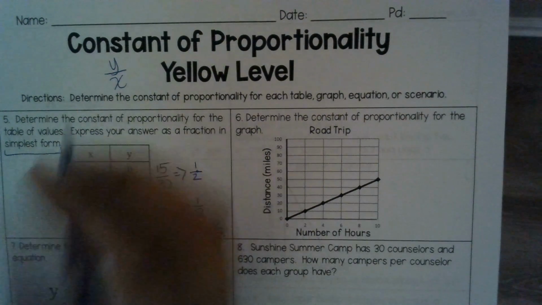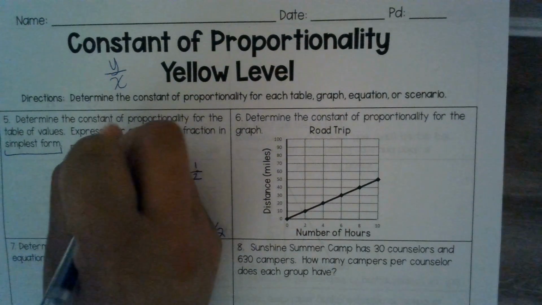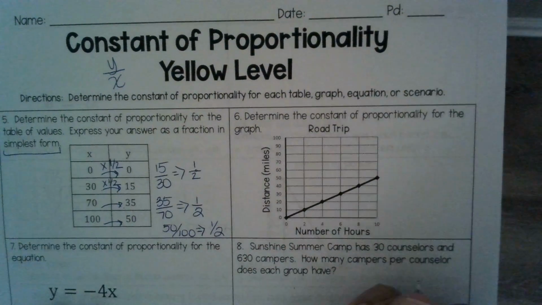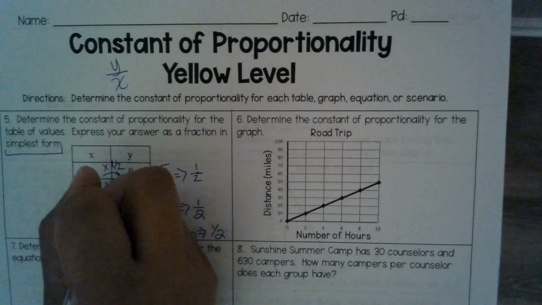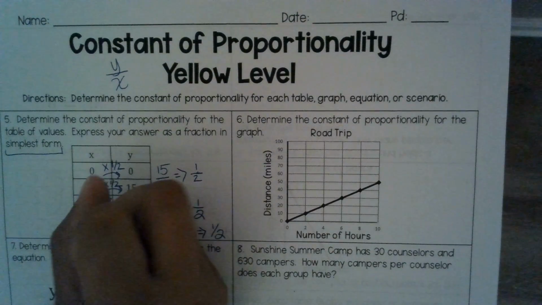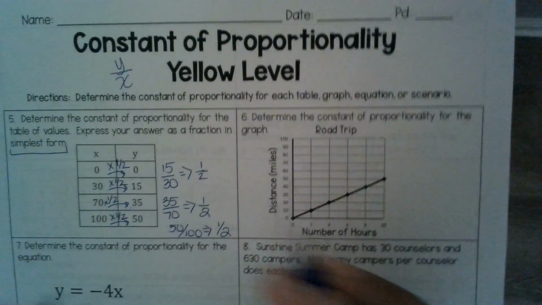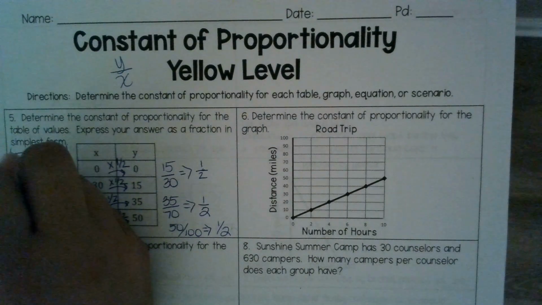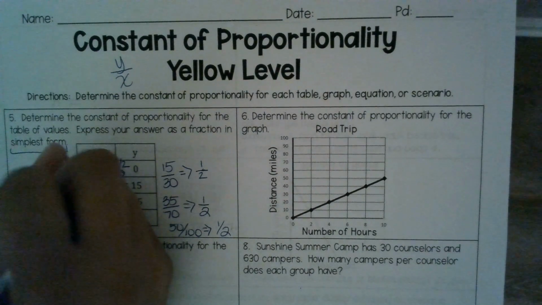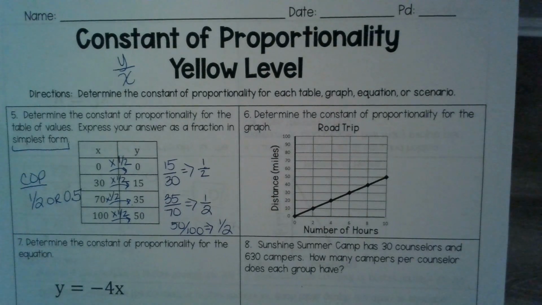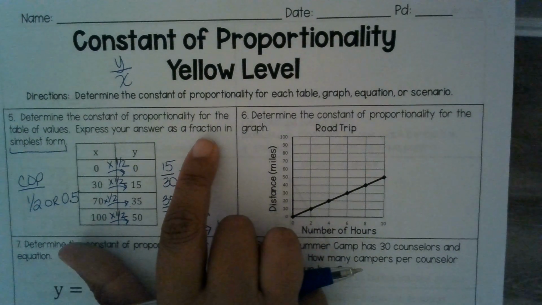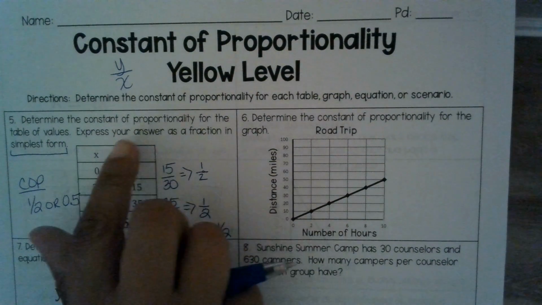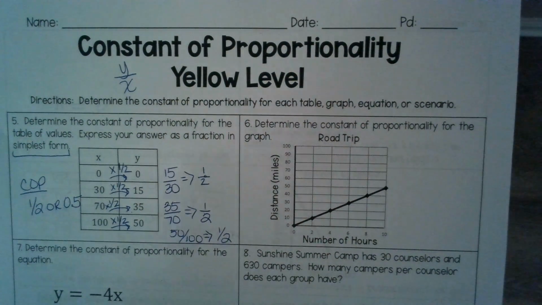So that means for this scenario, if I did 0 times 1/2, I got 0. That means 30 times 1/2 gave you 15. 70 times 1/2 gave you 35. And 100 times 1/2 gave you 50. So my constant of proportionality ended up being 1/2, or 0.5 if you want to use a decimal. Just be careful because they did want my answer as a fraction, not a decimal. But if I give you 2 in a quiz or test, that would not be there, and I would accept either one.